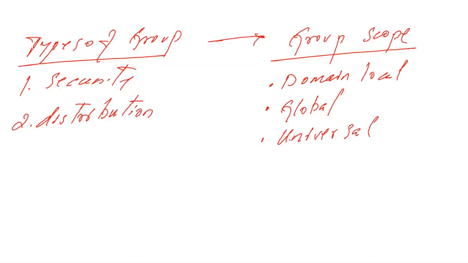Any one option you can select when you're going for security group or distribution group. Maybe domain local or global or universal.